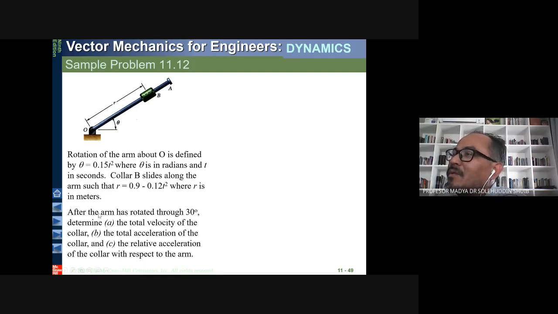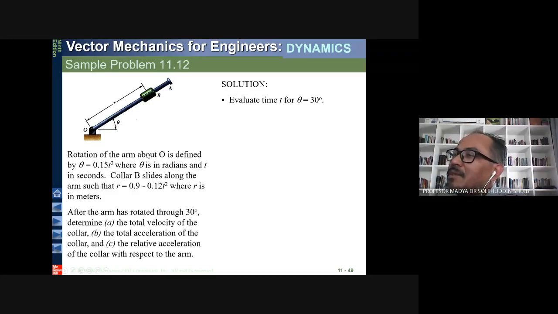What you need to find here is, when the arm has rotated 30 degrees, number one, what is the velocity of the collar? Number two, what is the total acceleration of the collar? Number three, what is the relative acceleration of the collar with respect to the arm? These are the three important aspects you need to do.